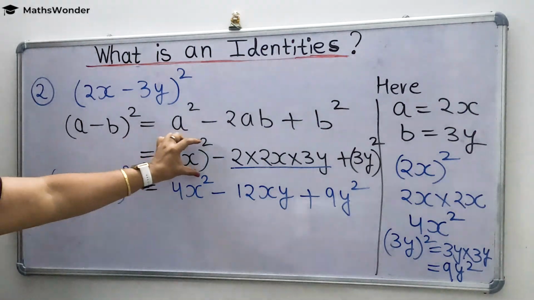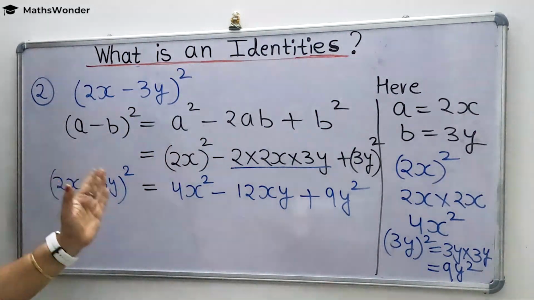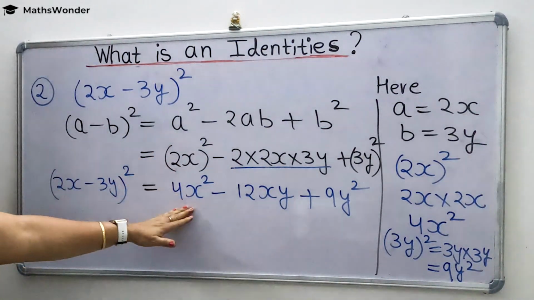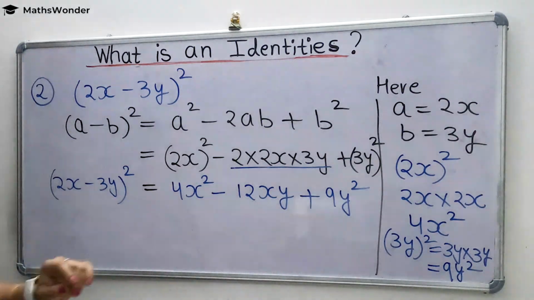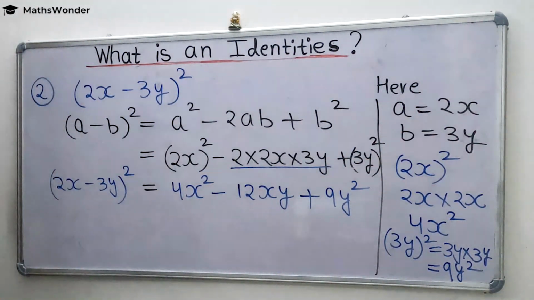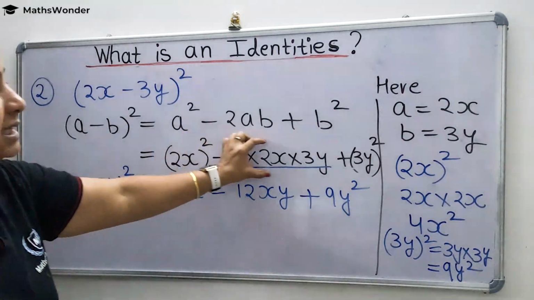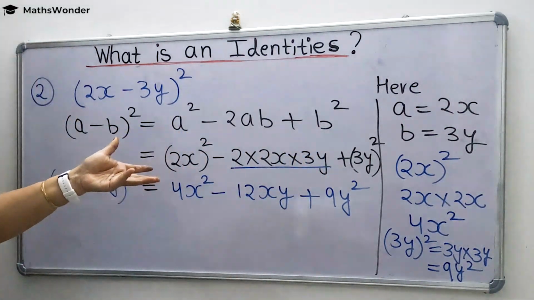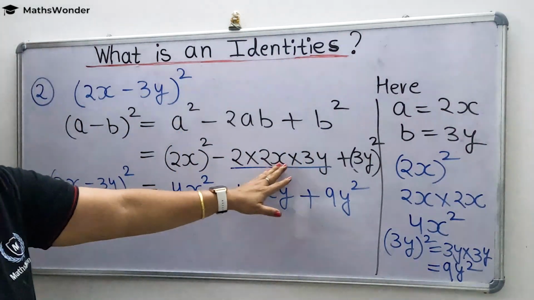We have done 2x square: 2x multiplied by 2x gives 4x square. Same with 3y square, you will multiply 2 times, so you will get 9y square. And this middle term is the same: 2 times 2 is 4, 4 times 3.